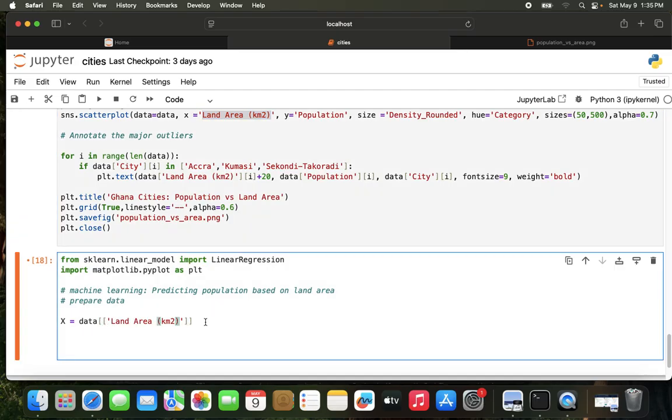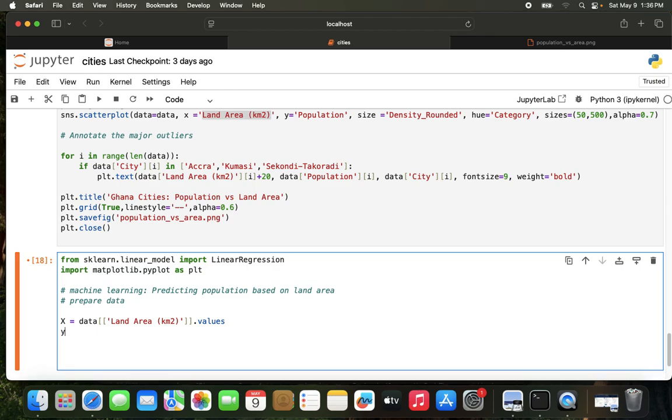So this is going to be a nested array dot values. And then for y, it's going to be data. Y is the dependent variable, so you can just do population dot values. So this is the name of the column in our data set.